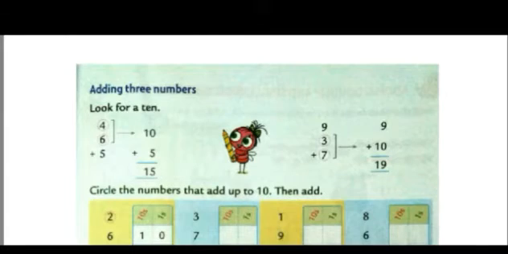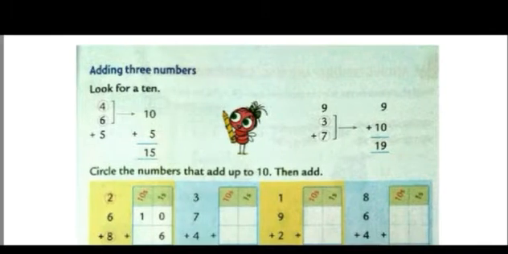Okay scholars, now moving on to the next page, page number 45. Adding 3 numbers. Here we will learn how to add 3 numbers. Okay, so there are 2 steps for it. First, you need to look for a 10, and the second step is you need to look for the doubles.